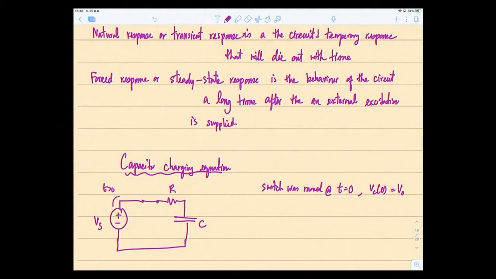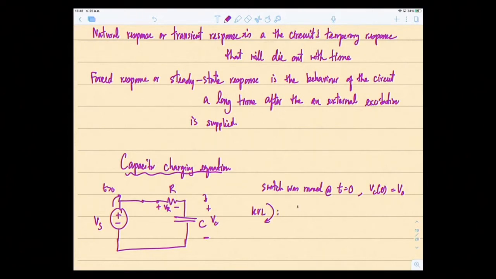So current flows like this. I'm going to set the current flow like this. Passing through R, there is a voltage drop VR, and then going through the capacitor, the current goes into the positive, leaving a negative voltage drop. Write down KVL of this mesh, or loop.